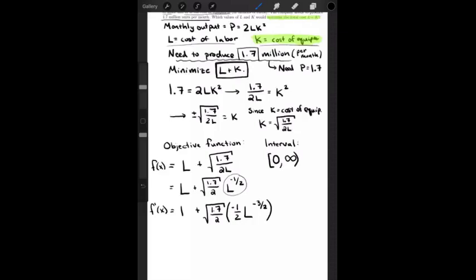Right. So that is our function there. And we could rewrite this if we want, just so that we can see how exactly things might be 0 or not exist.